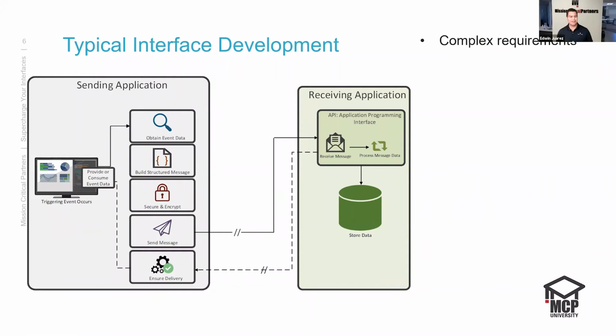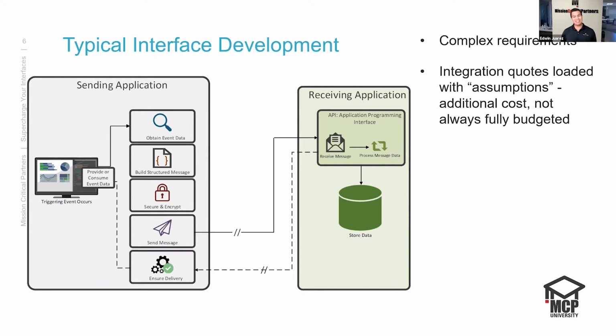All right. So as Jim mentioned, that you see on the left-hand side there with the safety application, there's a lot of complex requirements in order to implement and develop an interface, which can lead to quotes with a lot of assumptions, right? Level of effort for an interface that you don't necessarily know what functionality and requirements you want out of an integration between two different applications.